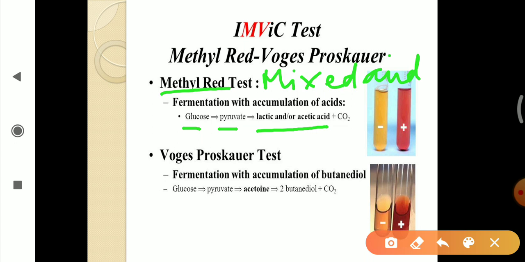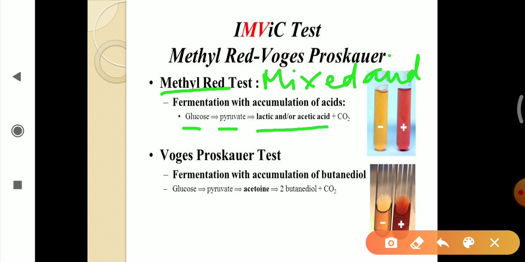So, if an organism performs the mixed acid fermentation pathway, then it will convert glucose to pyruvate, because glucose is there in the composition of the GPB broth, which is a strongly buffered broth.